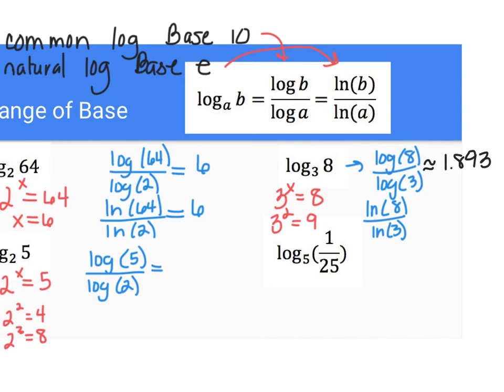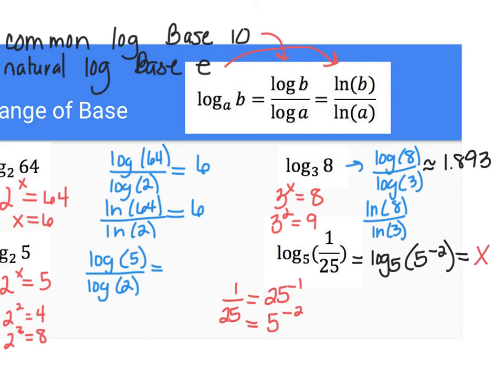On the last example, let's think about this fraction of 1/25. I can use my negative exponent rule to write this as 25 to the negative first, and we know that 5 squared is 25, so this fraction is the same as 5 to the negative second power. So when we're writing this out, we're looking to evaluate log base 5 of 5 to the negative second, and again, we're looking for that power.